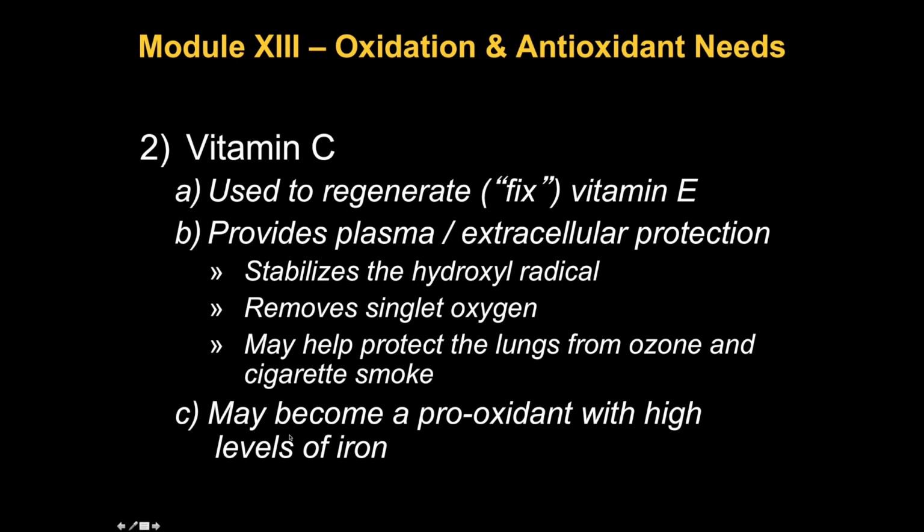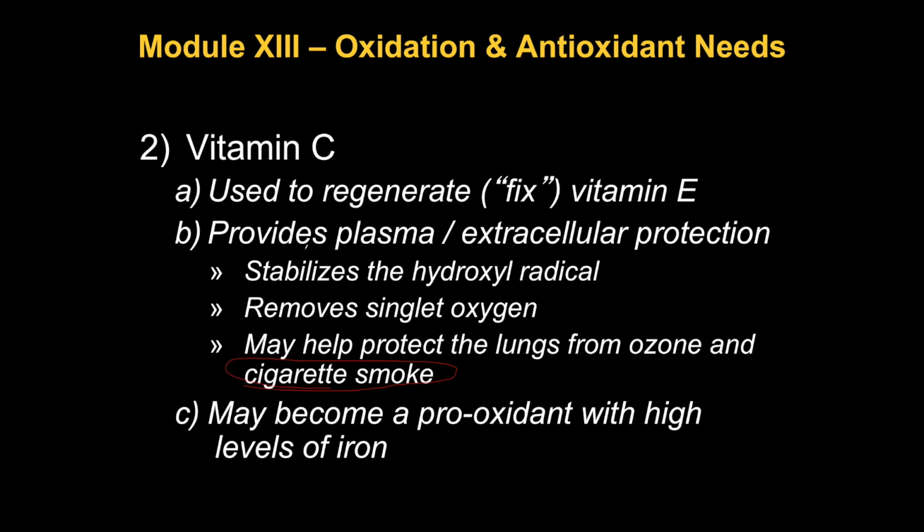Vitamin C, of course, as we saw, regenerates, fixes vitamin E by donating an electron. Again, this is all in an effort to reduce the damage from free radicals, and vitamin C now becomes a less damaging type of free radical. And it's interesting that a lot of the literature you'll find also revolves around cigarette smoking and protecting lungs from free radicals.